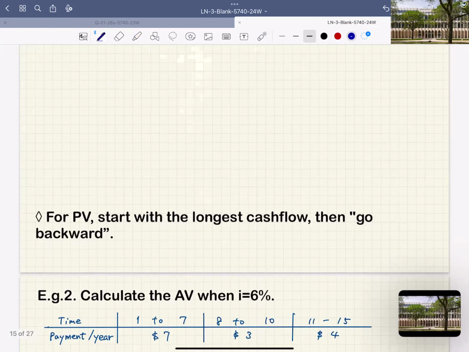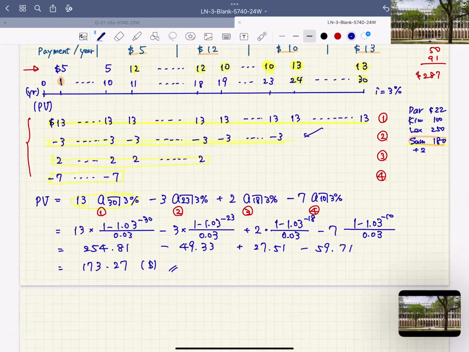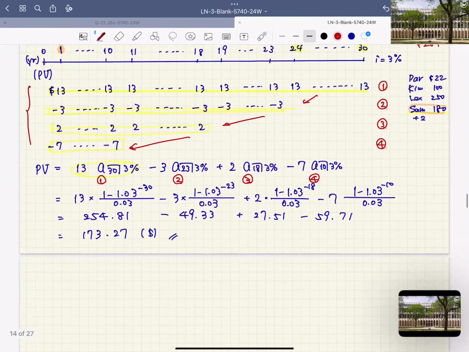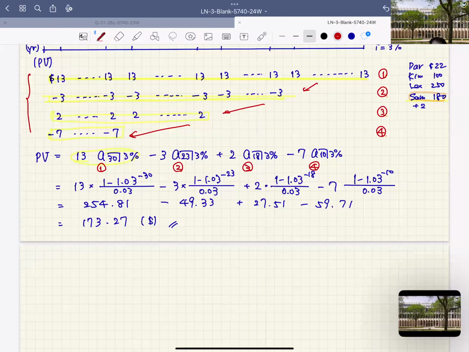So the textbook says that for calculating PV, we want to use the annuity immediate formula, so the a angle n formula. So start with the longest cash flow, then go backward. Going backward means consider a shorter cash flow. So that's the way to calculate the present value of the block payments.